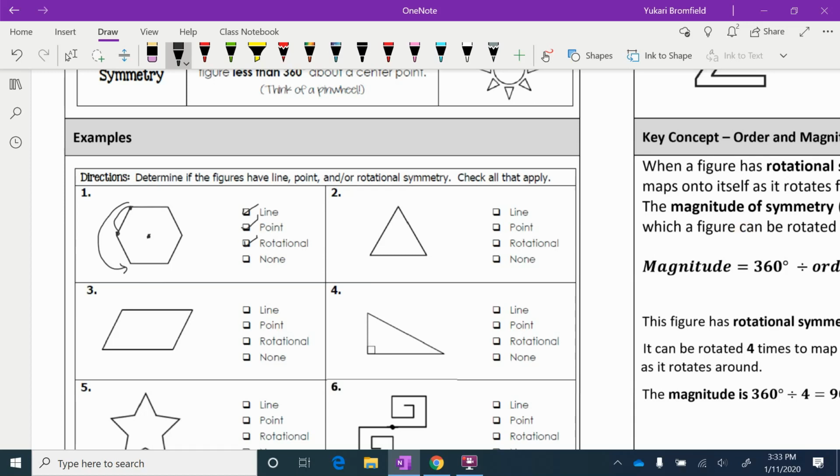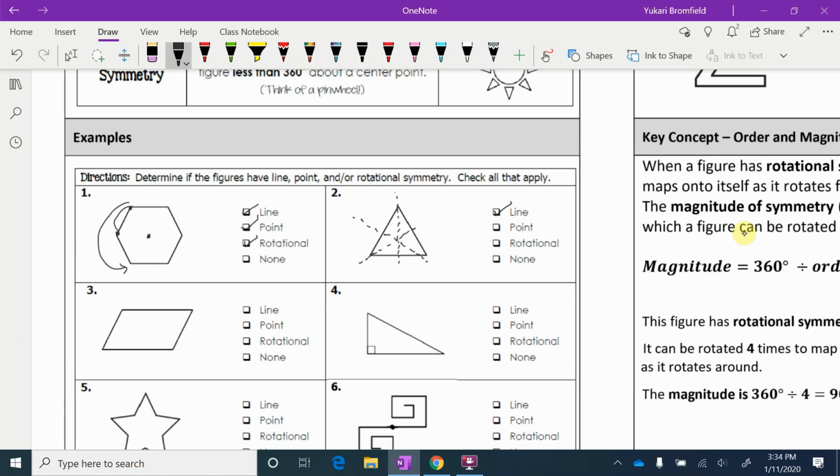Here, the triangle definitely has a line of symmetry. There's another line right here, and there is another line right here. So it definitely has a line of symmetry. And what about the point? Here, remember, you are going to be rotating it 180 degrees.